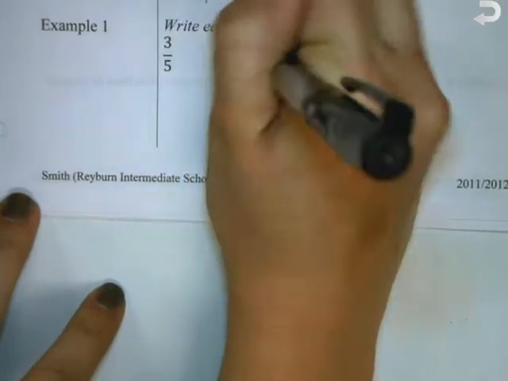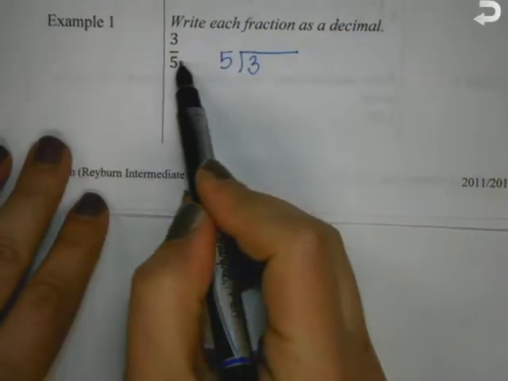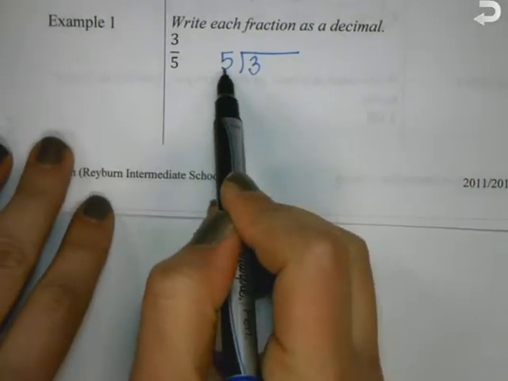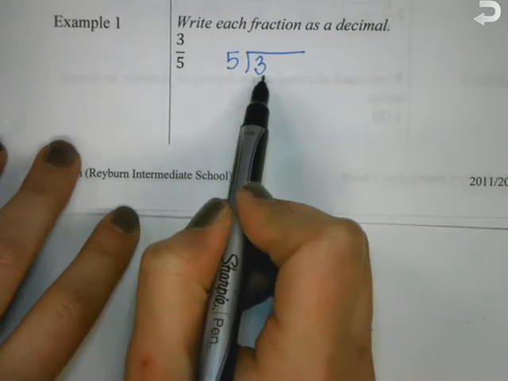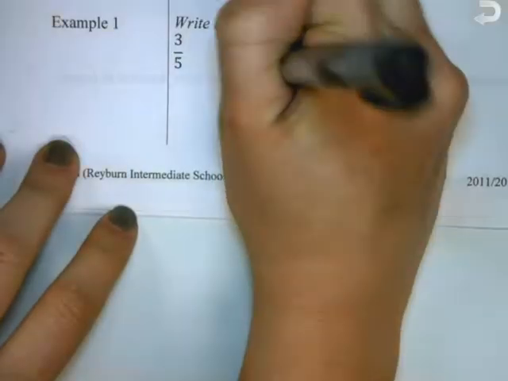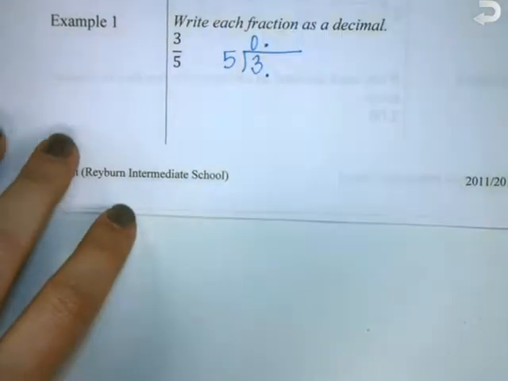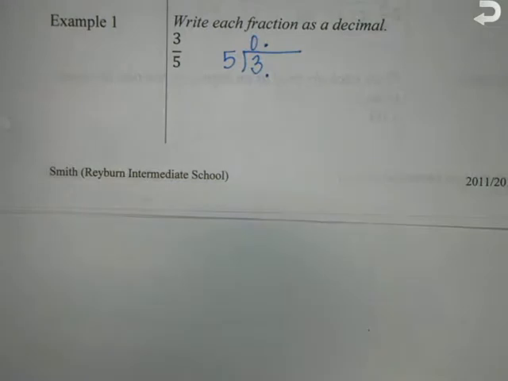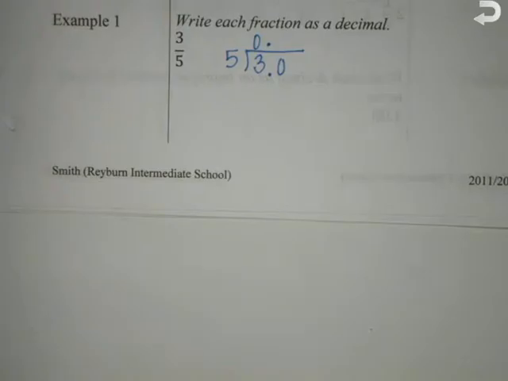The numerator always goes on the inside. How many times does 5 go into 3? 0. So then I add a decimal on inside and on top, and then add another 0. How many times does 5 go into 30? 6 times. So 3/5 is the same as 0.6.